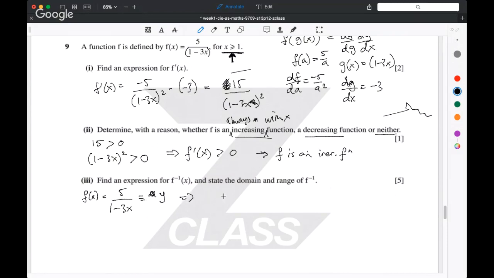If I rearrange this, I get 1 minus 3x is equal to 5 on y. And that means that x is equal to a third times 1 minus 5 on y.